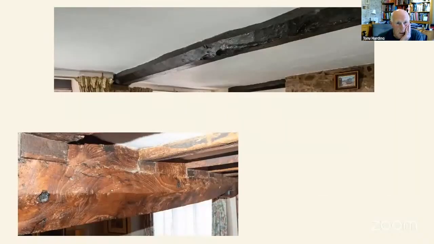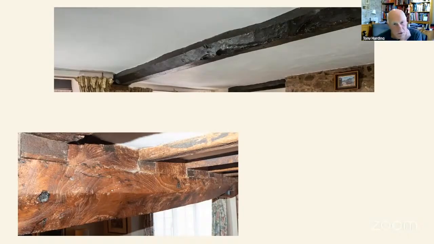And then beams, particularly these lovely big timber beams you get on ground floor ceilings. A lot of these places would have started off as open halls, open from the floor right up to the top of the roof. And a first floor might have been inserted maybe a couple of hundred years later, and that's how these lovely heavy beams come about.